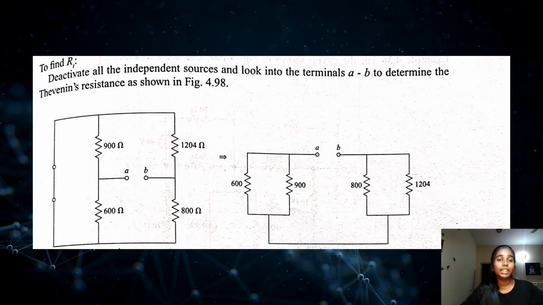To find RT, we deactivate all the independent sources and look into the terminals A and B to determine the Thevenin's resistance. We take 900 ohms and 600 ohms, which are in series, and 1204 and 800 ohms in the other part, which are also in series, and these two are in parallel.